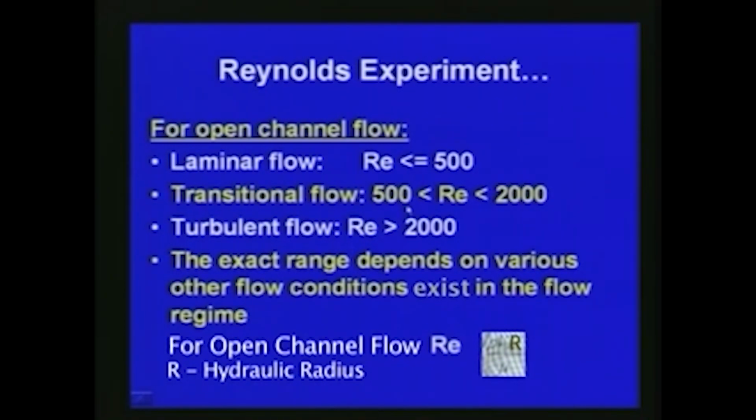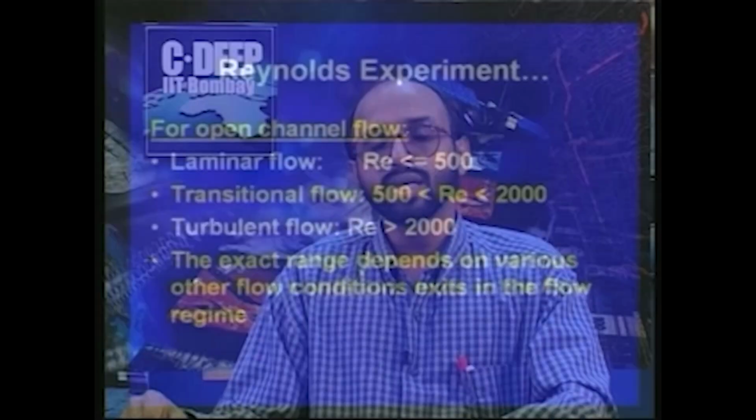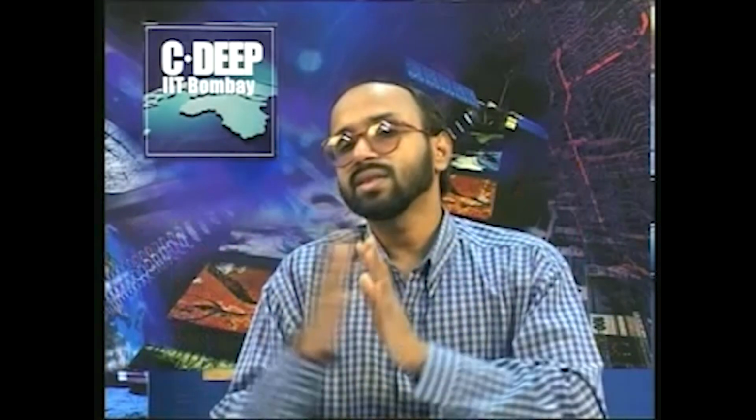The exact range depends on various other flow conditions in the flow regime, such as boundary conditions or initial conditions. This range can vary, but approximately this is the range put forward by various scientists and engineers for open channel flow and pipe flow.